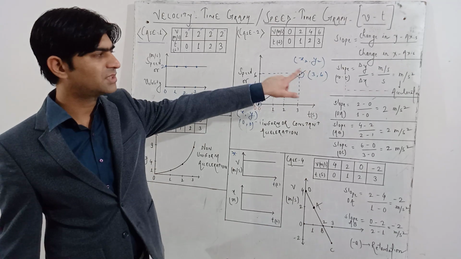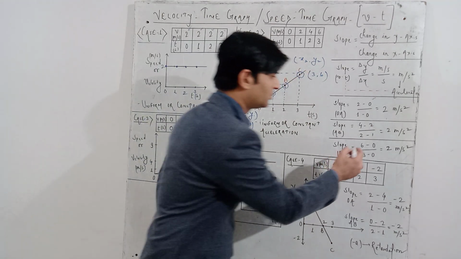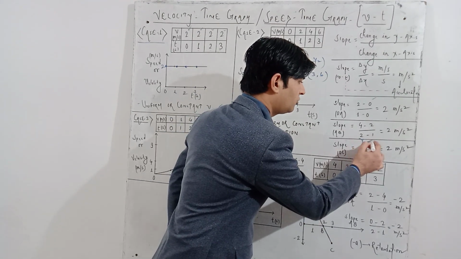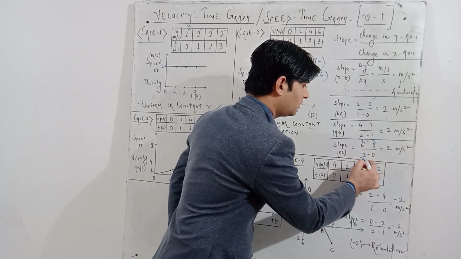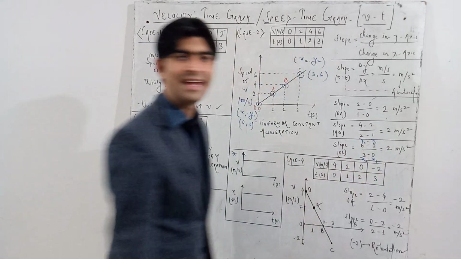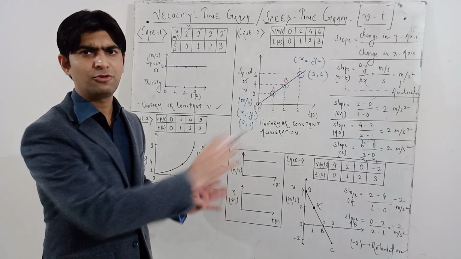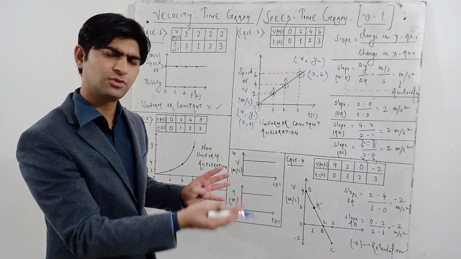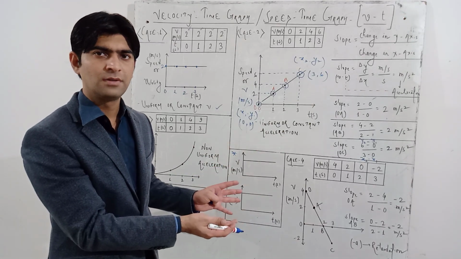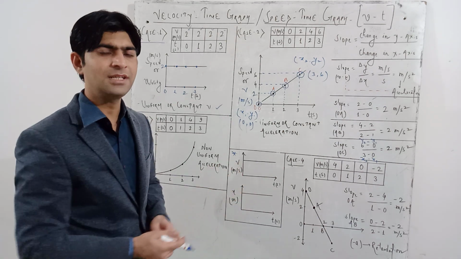So change in y-axis will be y2 minus y1 upon x2 minus x1. This will also give you the slope. This is the change in y-axis upon change in x-axis.